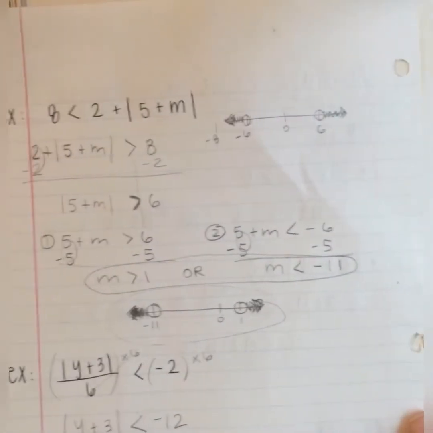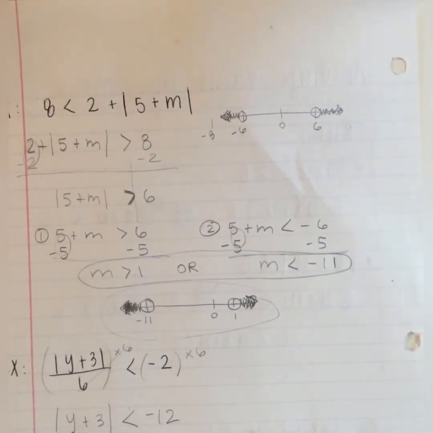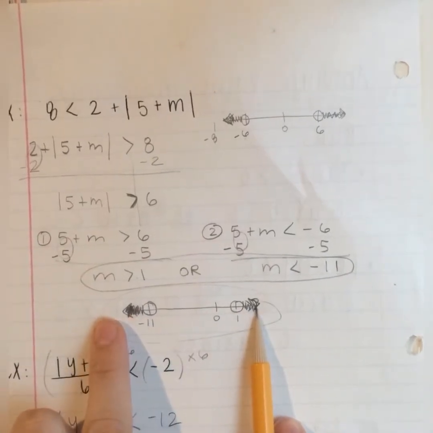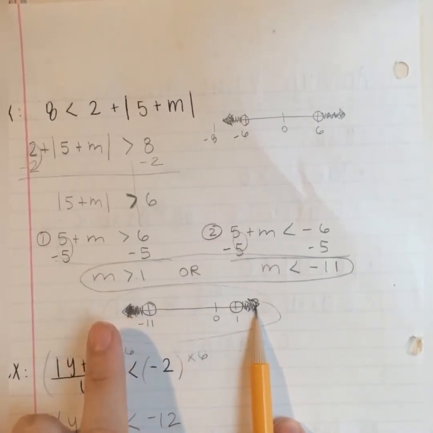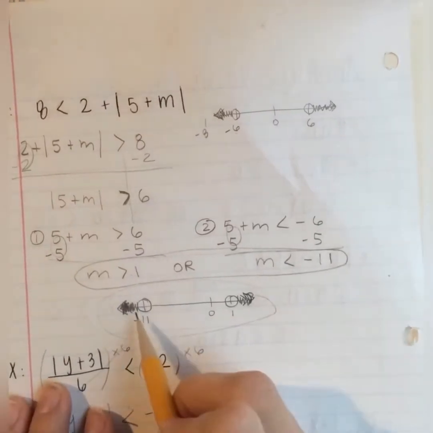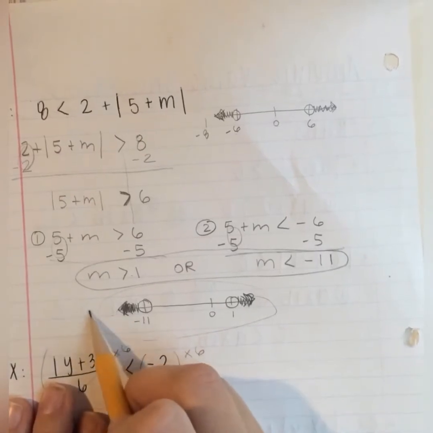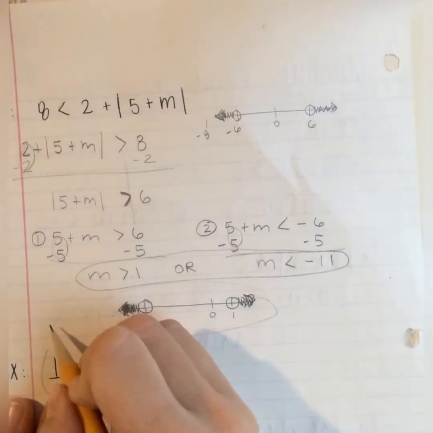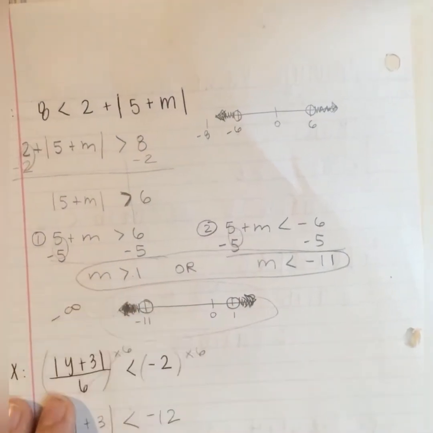Okay, and then to express this one in interval notation, it's slightly different because the shaded areas are on the outside, right? So we use what we call a union. So we would say, since this is going to go all the way on forever and ever, all the way to negative infinity, right?